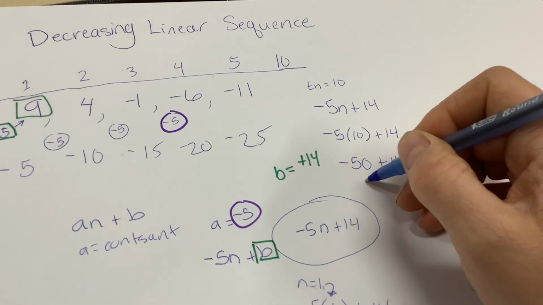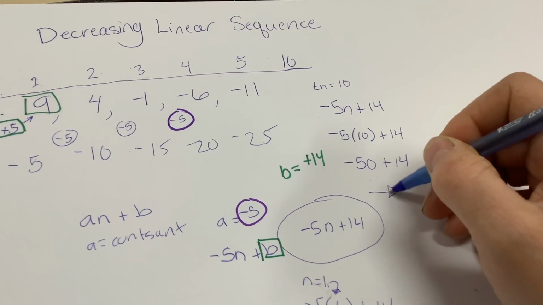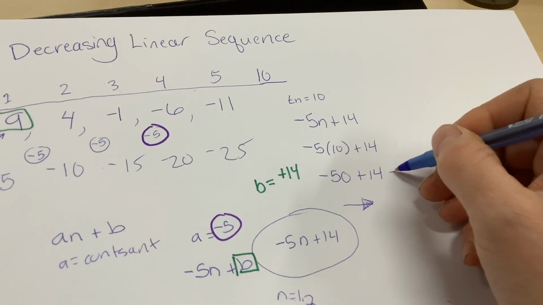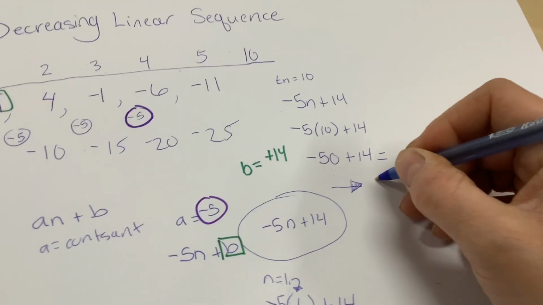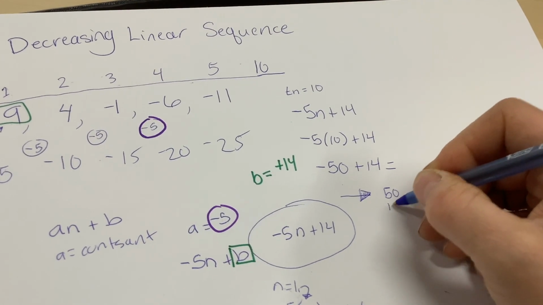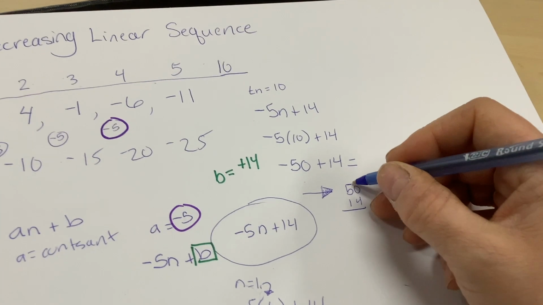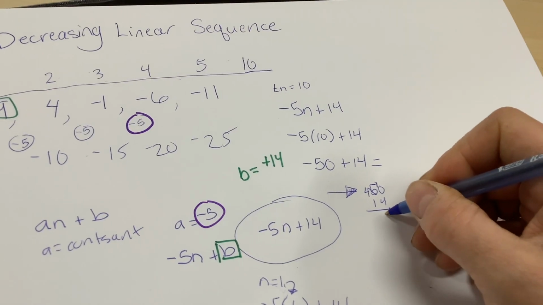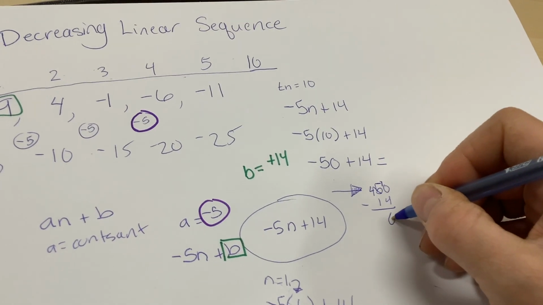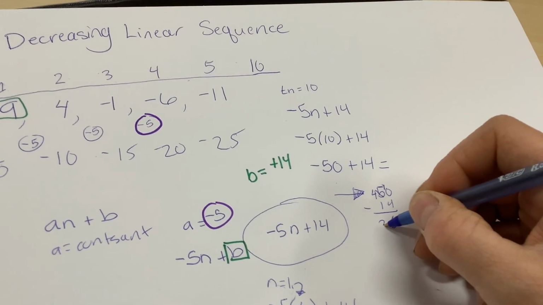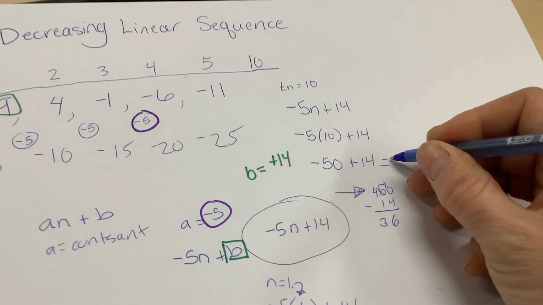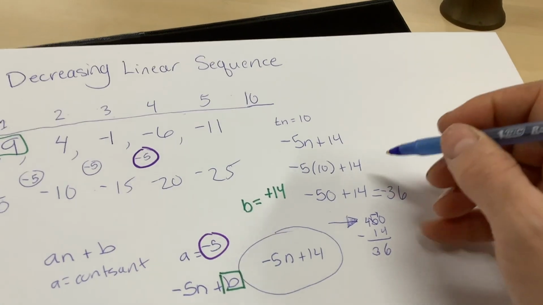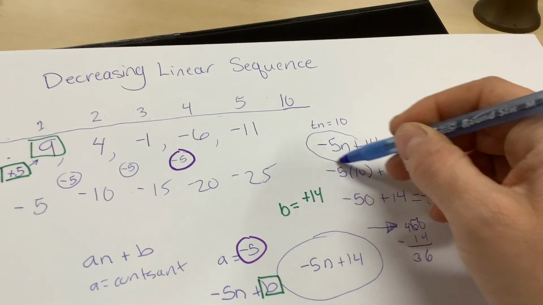We're going on the number line 14 times this way, but we're not passing 0, so we're going to end up with a negative number. We're still just going to go 50 minus 14. I'm going to borrow and subtract 4 from 10, 1 from 4, and get our negative 36. It's still negative because we haven't passed 0. So we can use this to find any number in the sequence.